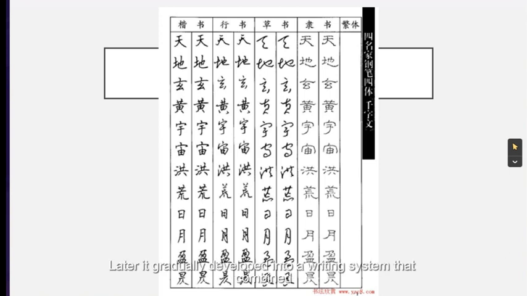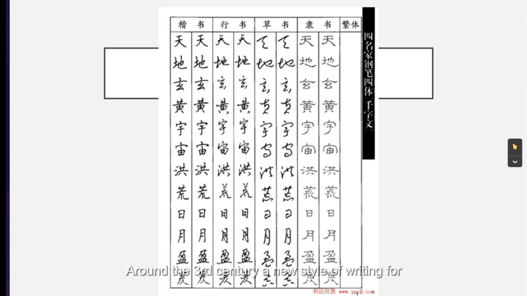Later, it gradually developed into a writing system that combined pictographs with character parts, which signify sound and meaning. The early seal script, 篆书, often used curved strokes.